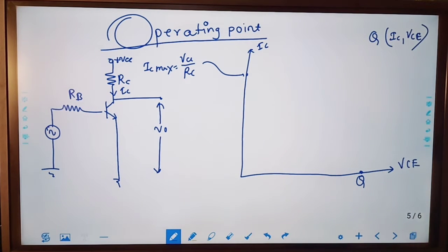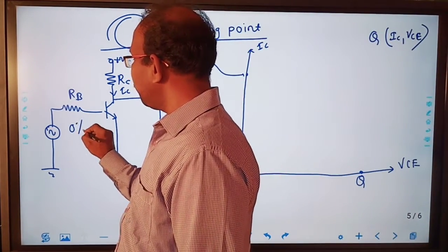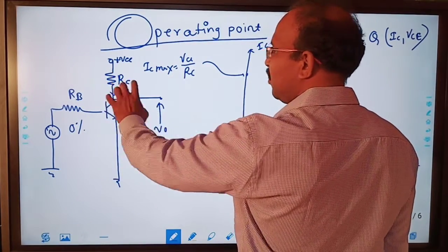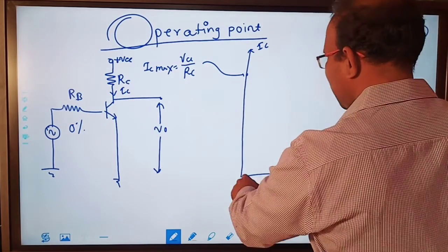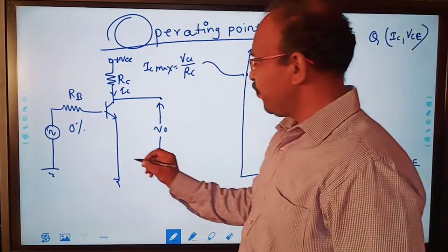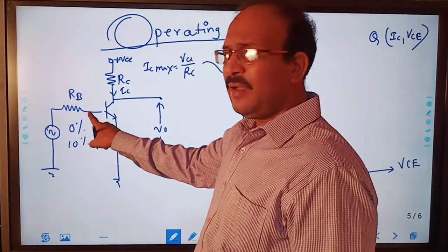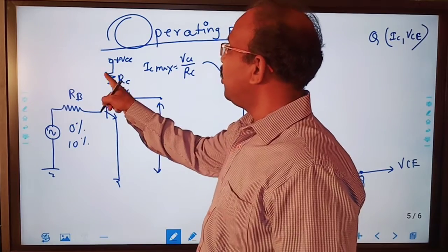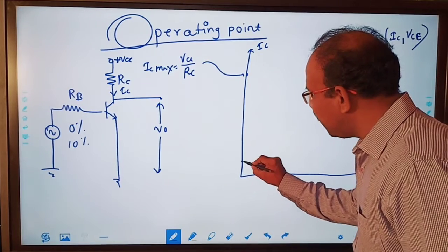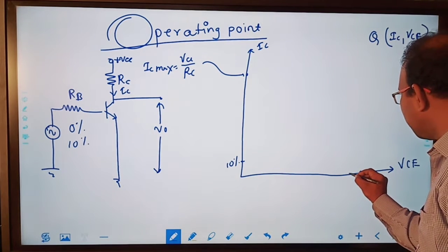So where is the Q point initially? When this is 0%, we will go step by step. When IB is 0, IC is 0, here will be full. Now I increase this to 10%. IC is 10%, drop is 10%, remaining here will be 90%.